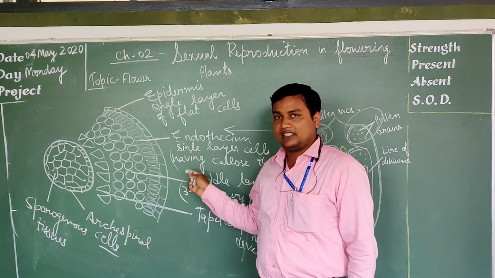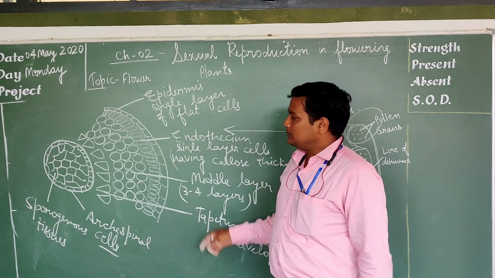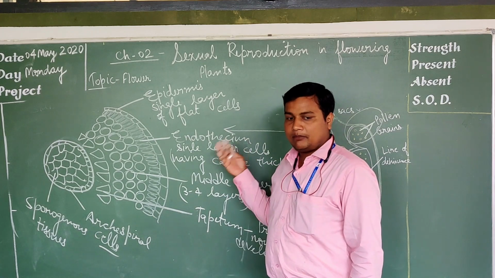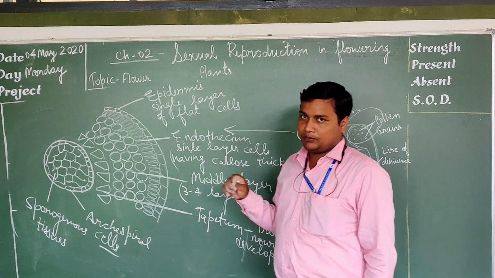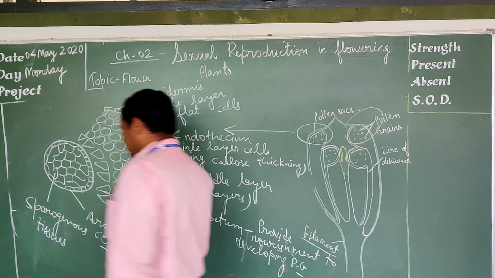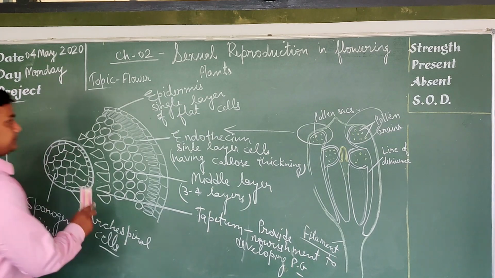Pollen grain mother cells undergo meiosis and develop into tetrad microspores. Now students, see the next part, microsporogenesis.